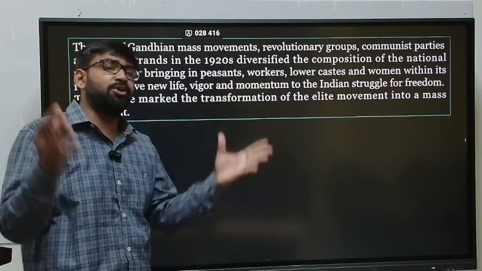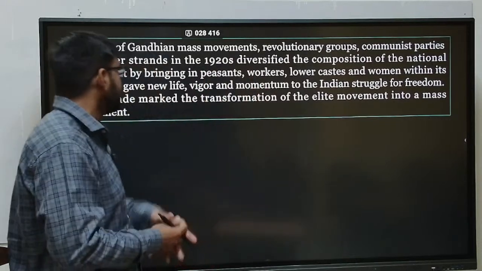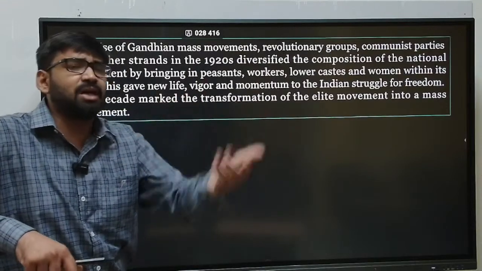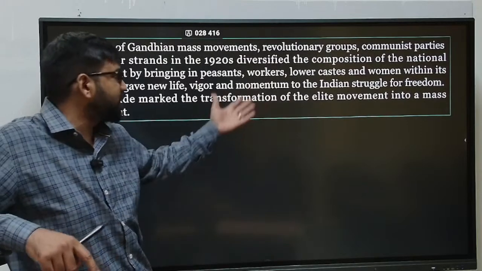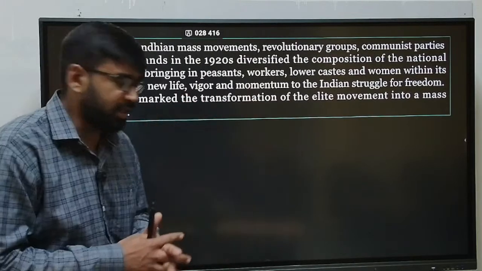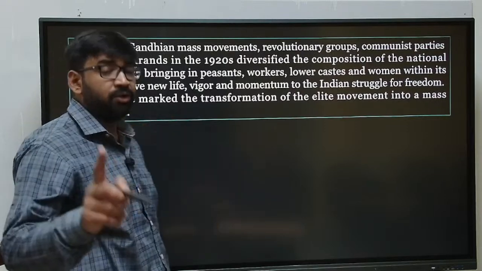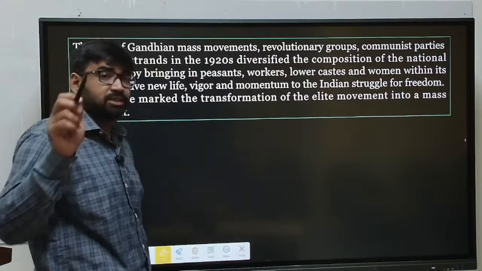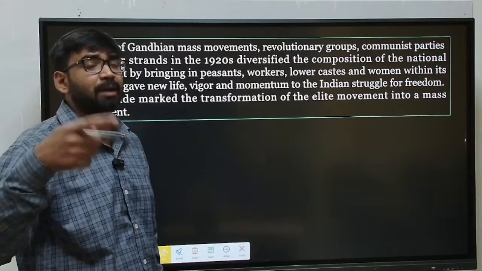These different ideologies diversified the composition of national movements through involvement of various communities like peasants, working class, laborers, women, etc. And in this manner, we can say that the earlier movements were elite movements because they were only supported by the urban middle class, but now it became a mass movement.